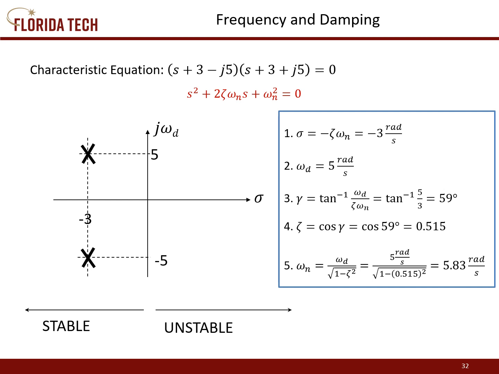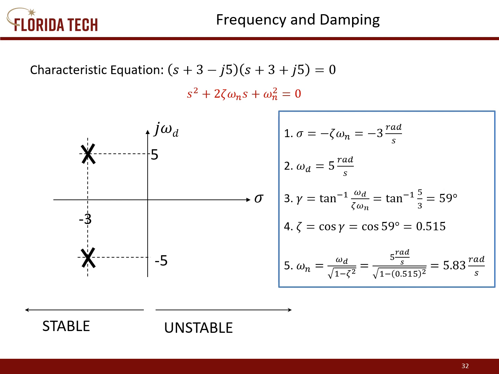In the case of a pure second order system here with both poles in the left half plane, we can first of all multiply those two together and get s squared plus 2 zeta omega n s plus omega n squared. Once we know that, we have equations for what sigma, the real part of s, is. It's minus zeta omega n, in this case minus 3. The damped frequency is 5, just coming off of the y component.